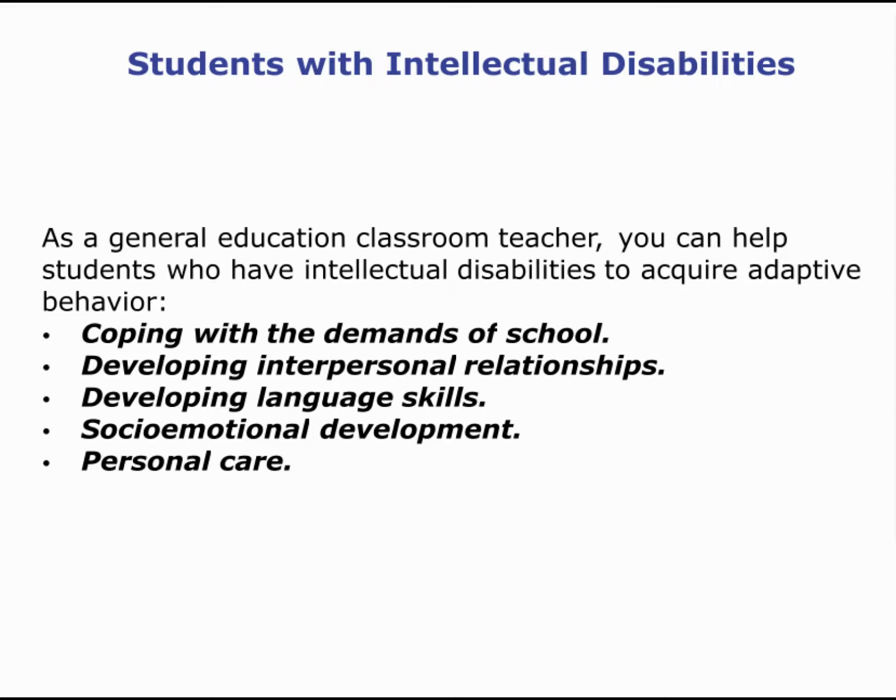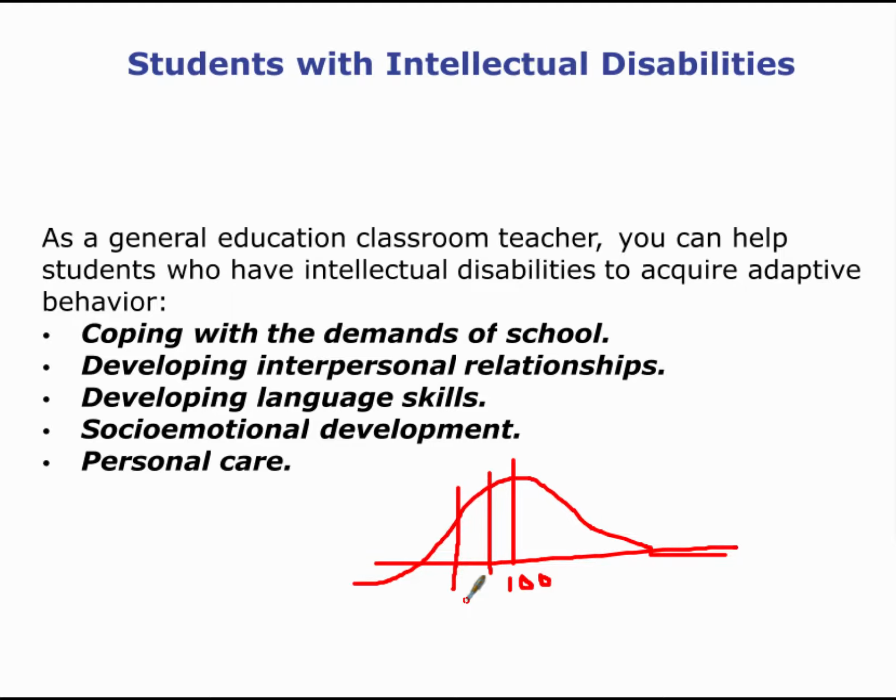In order for you to have an intellectual disability, I'm going to draw a little. This is your normal distribution, which was horribly drawn. And the average IQ is 100. One standard deviation below the mean, it's a 15-point range, is 85, and 2 standard deviations below the mean is 70.